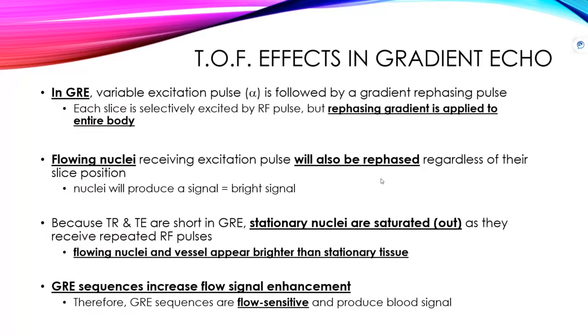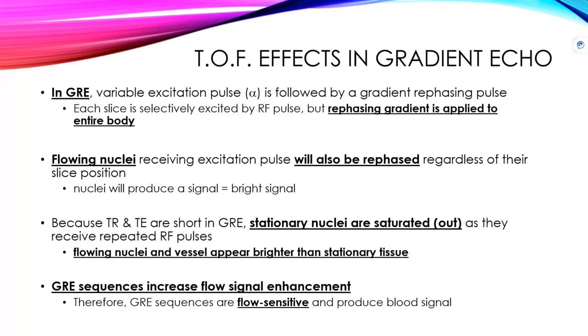And since our rephasing pulse, so to speak, in gradient echo is using a gradient, the entire body is getting rephased, regardless if it was excited or not. The spins are getting excited selectively because we're using a slice select gradient in the first part of the TR.